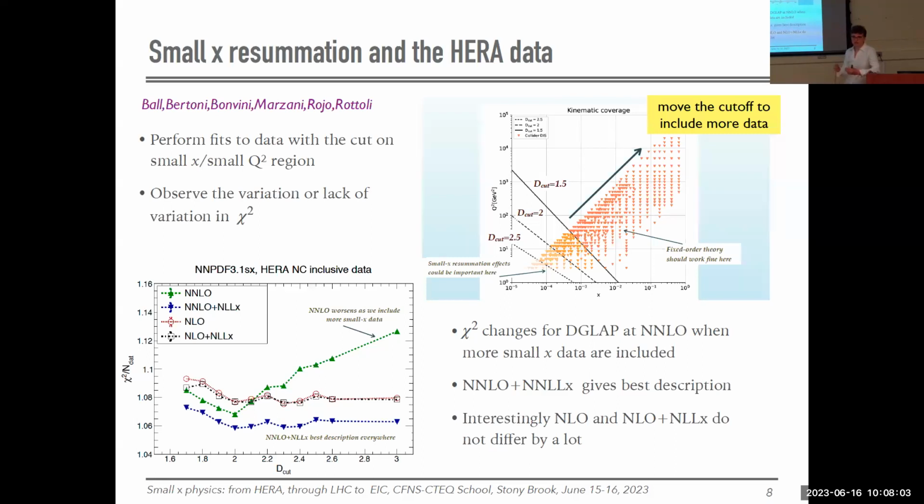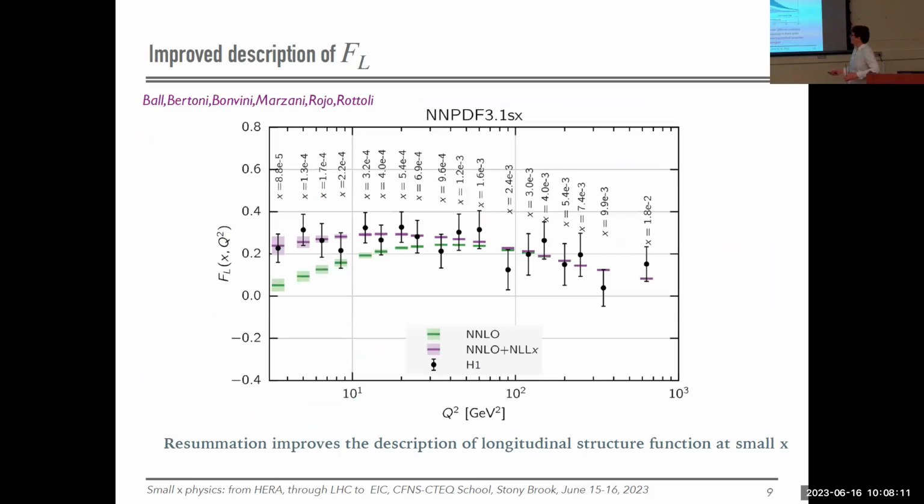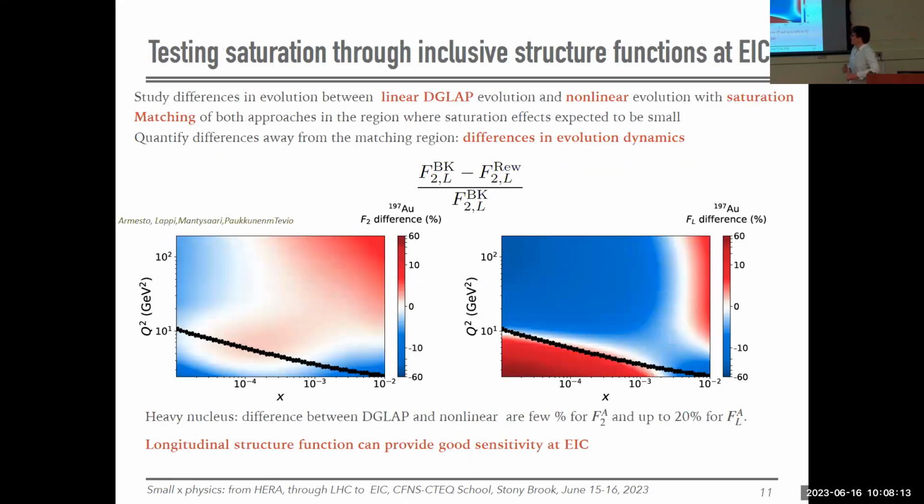This is where one can look at the deviation from the linear evolution, for example in an analysis where you have inclusive structure functions, F2 and preferably FL, for different values of A, and you do the DGLAP analysis, and you see how well you describe them given the precision of the data.